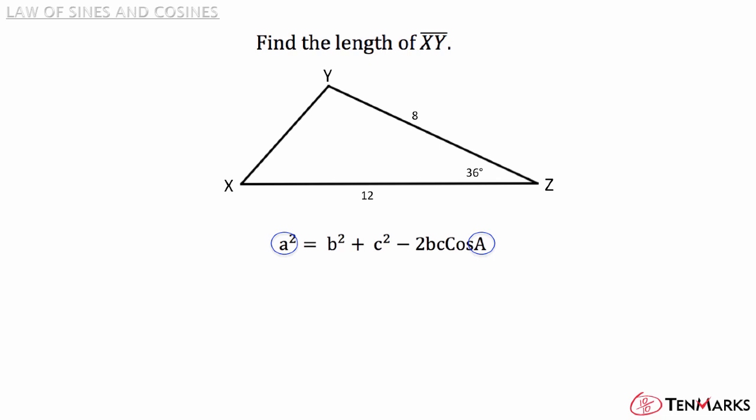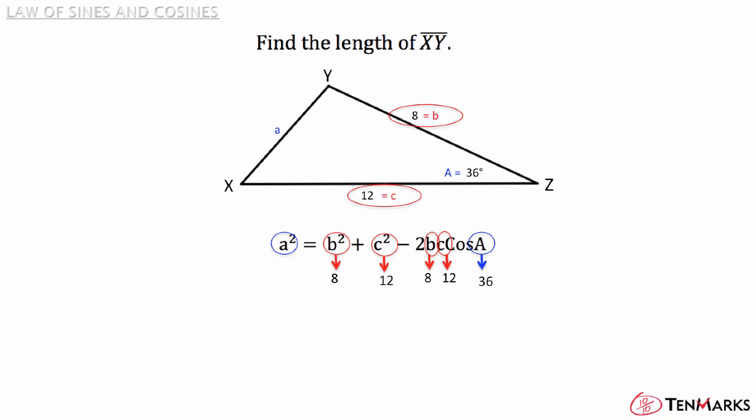In your triangle, the side you are looking for is opposite the angle you are given. So these will be your A in the equation. So the angle is 36. What about B and C? B and C are the other two lengths of the triangle. It doesn't matter which one you assign to which, but for our sake, let's call B 8 and C 12.